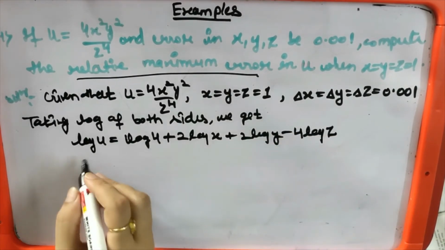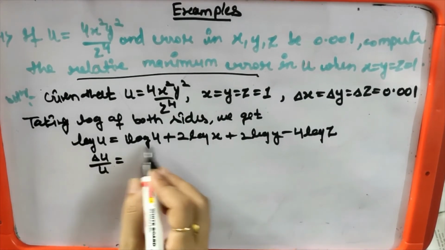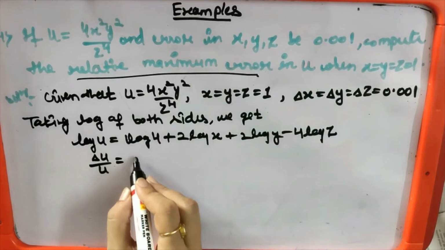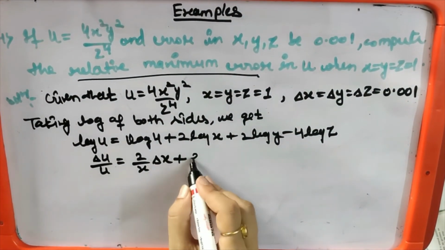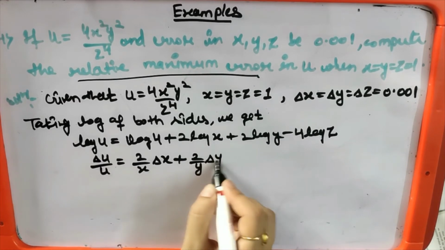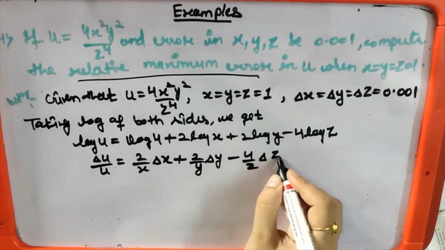Now differentiate both sides. This is constant will become 0. This one is 4 upon z delta z.